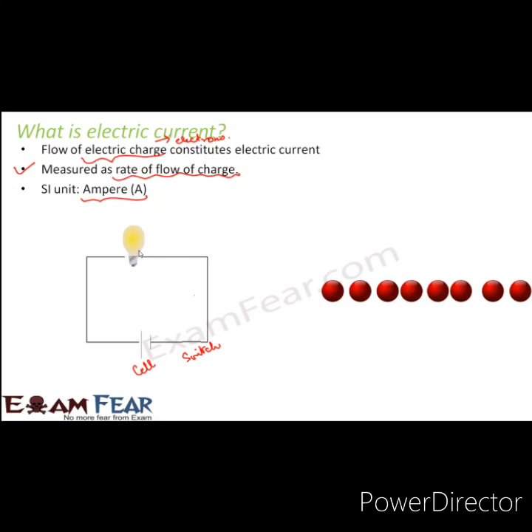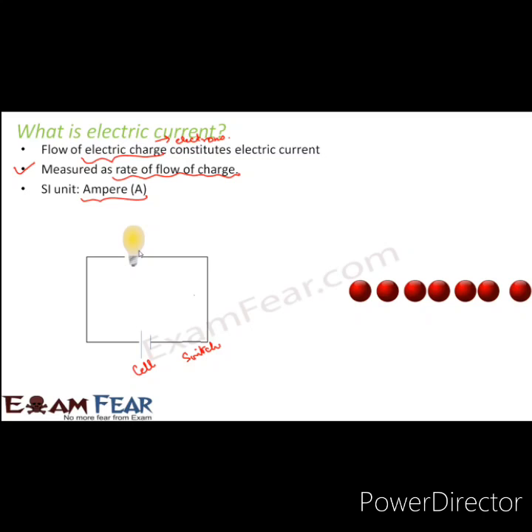So let's say these are the balls, and these balls are the electrons. As the first ball moves, the second one also moves, the third one moves, the fourth one moves, and so on. This process of movement continues. The rate of their movement, how fast they are moving, determines the current. So the electrons are also like these balls.